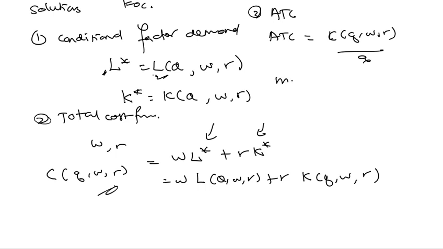What about marginal cost? Marginal cost is very simple. Differentiate the total cost at the optimal level with respect to Q as well. All right. Now, the next thing, back to the optimal production here because this is very important.